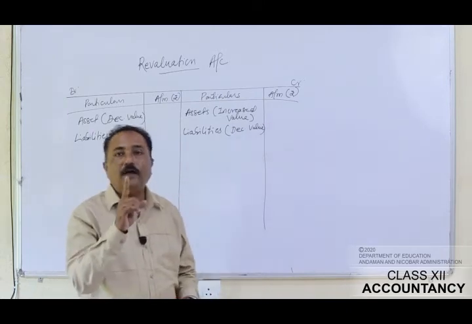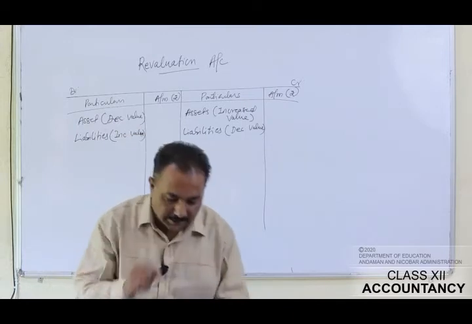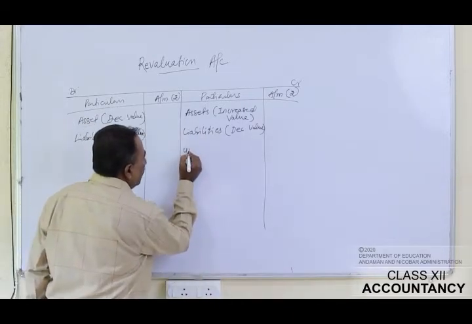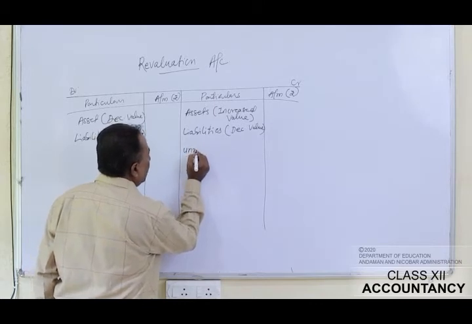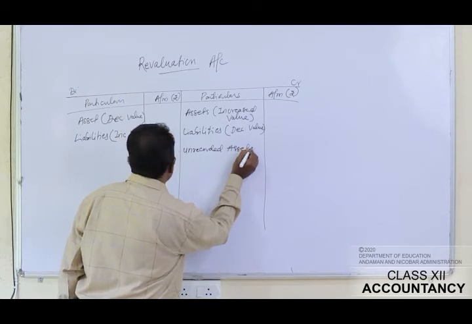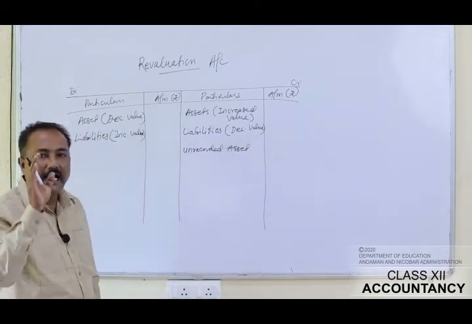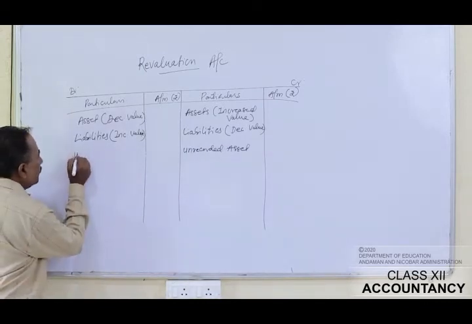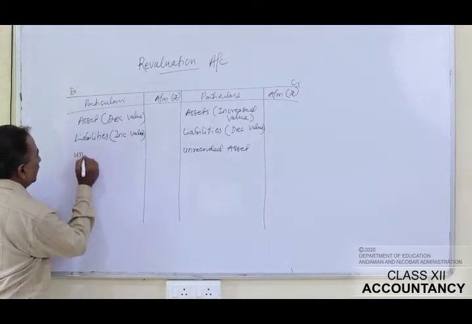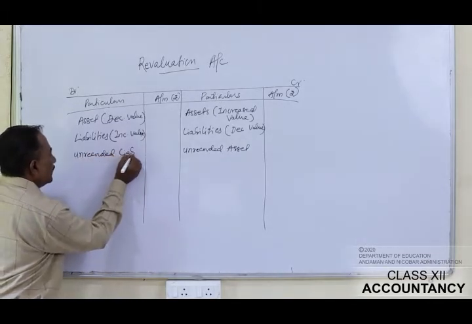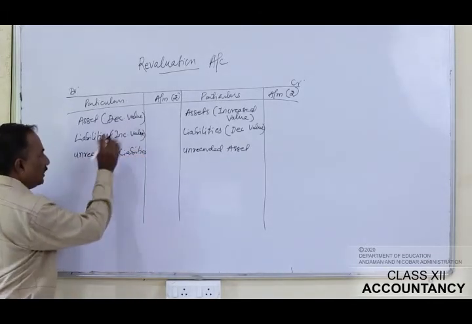Where do you have to record such unrecorded assets? It has to be recorded on the credit side. So, you have to record here unrecorded assets. And if there are any unrecorded liabilities, those unrecorded liabilities have to be shown on the debit side. Unrecorded liabilities.